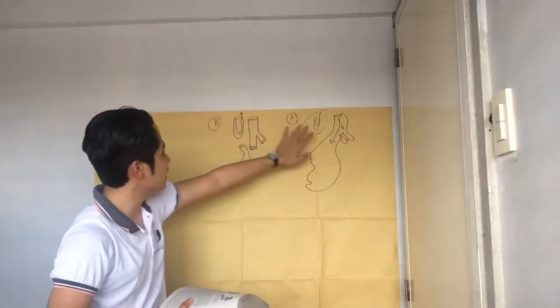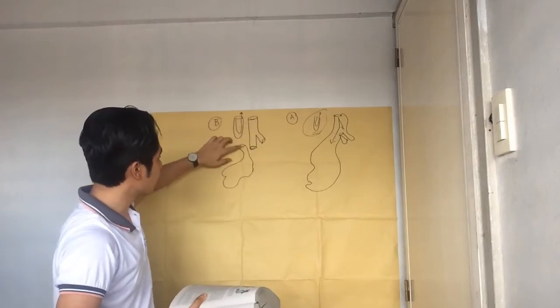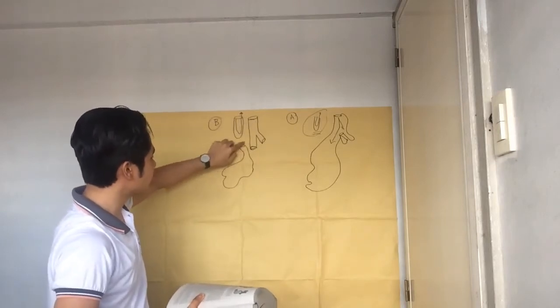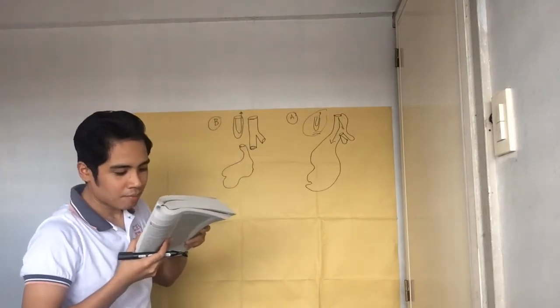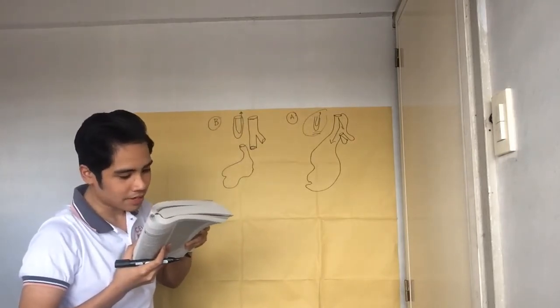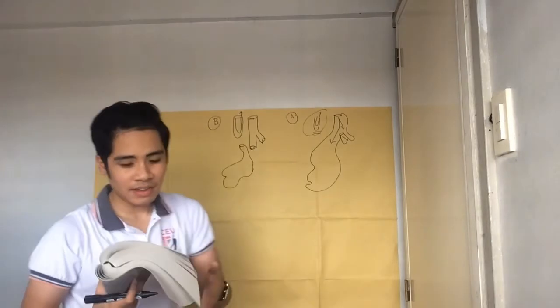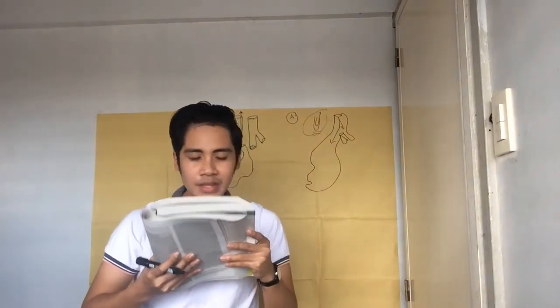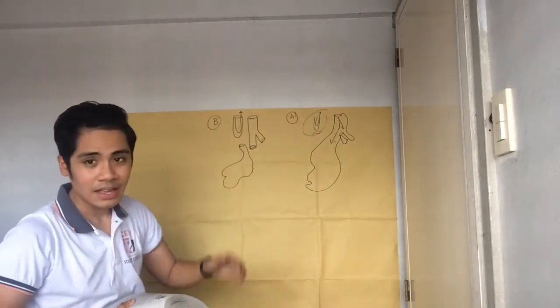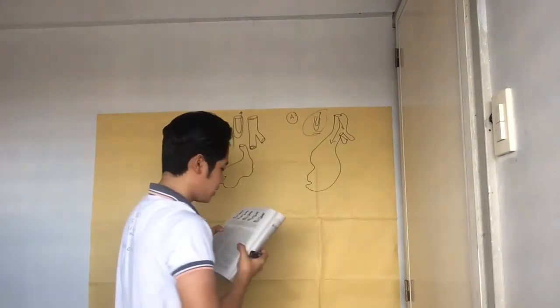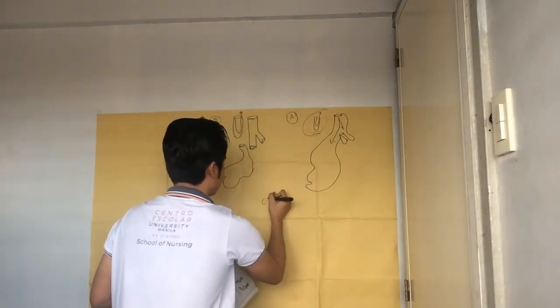So they are the same, blind pouch. While this one, the fistula, is not connected to the lower esophagus and trachea. So both upper and lower segments end in a blind pouch, and according to the book, 5 to 8 percent of infants with the defect have this type B. Okay? So the next type, type C.